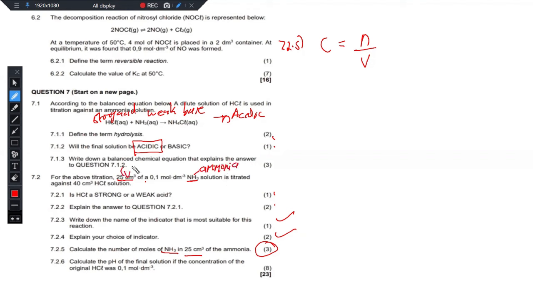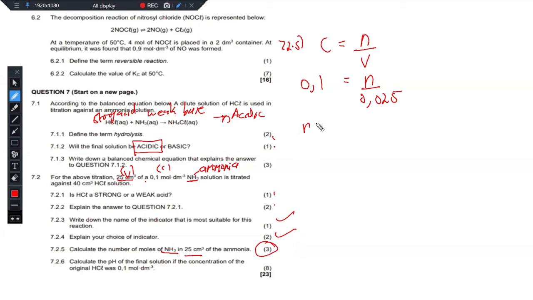So we are given volume, we are given concentration. We know this volume, it's only a matter of dividing it by 1,000 so that we have it in dm cube. Our concentration is 0.1, and then n, our volume 25 divided by 1,000. So this is supposed to give us 0.025.